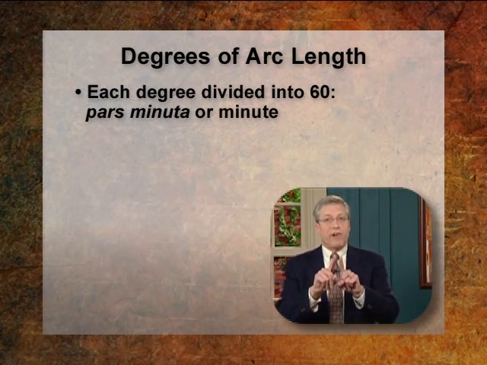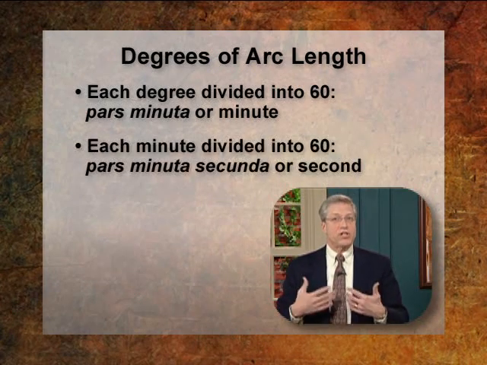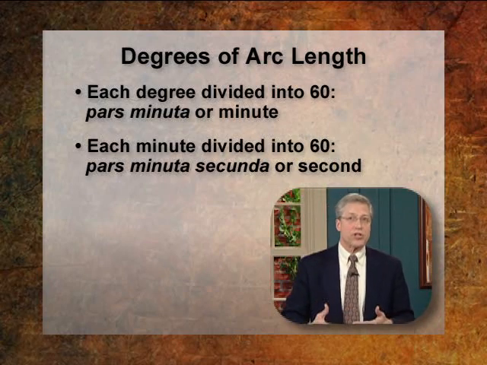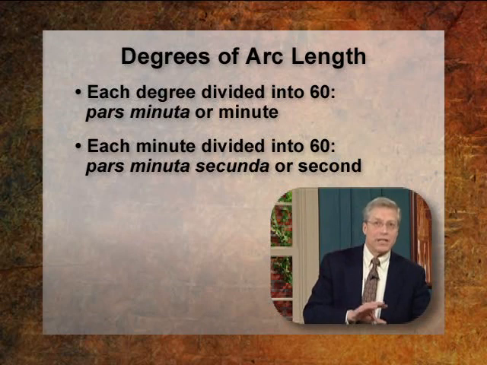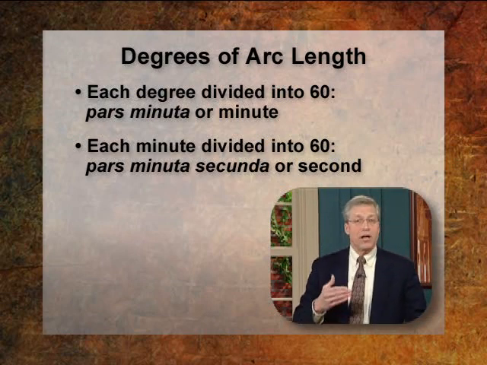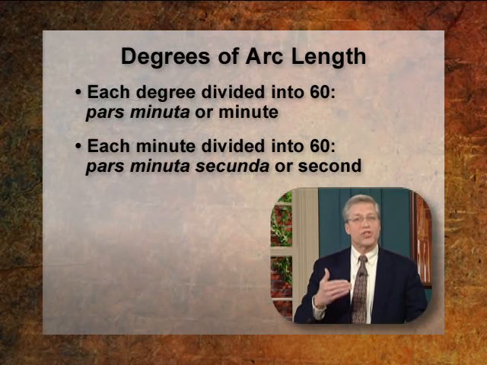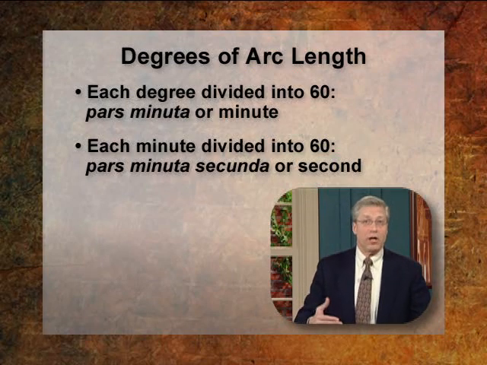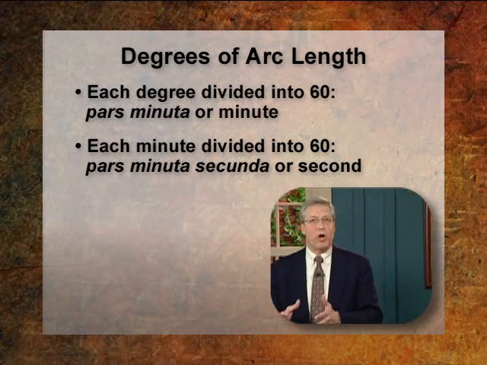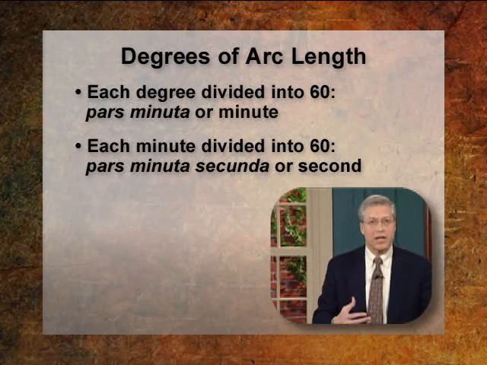And then you divide the minute up into 60 seconds of arc, so a 60th of a 60th of a degree. And this is called in English today a second. And this comes from the phrase the second small part, pars minuta secunda. And so secunda, the second small part, became our second. So we're measuring the arc length in degrees, minutes, seconds.